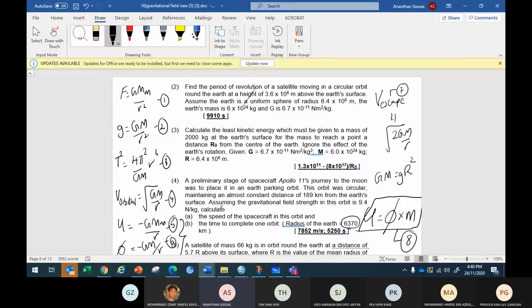Okay, students, come on. The others, I want you to try. Tell me which equation.